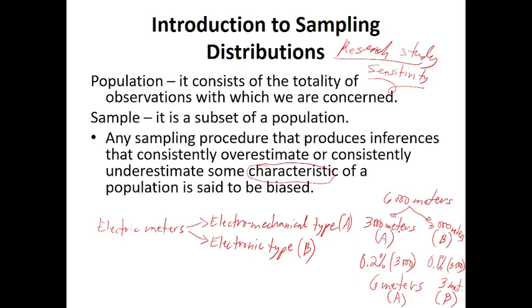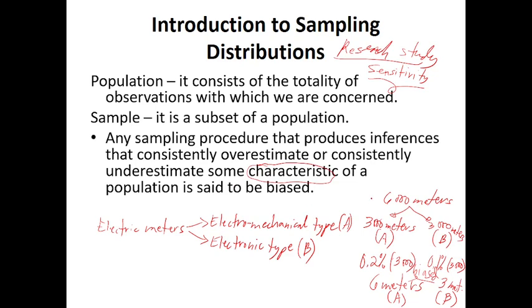Because there is imbalance when it comes to the number of meters you selected for the two types. You chose 6 meters for electromechanical type, 3 meters for electronic type, and it is said to be biased, because the characteristic of the population will be overestimated or underestimated.